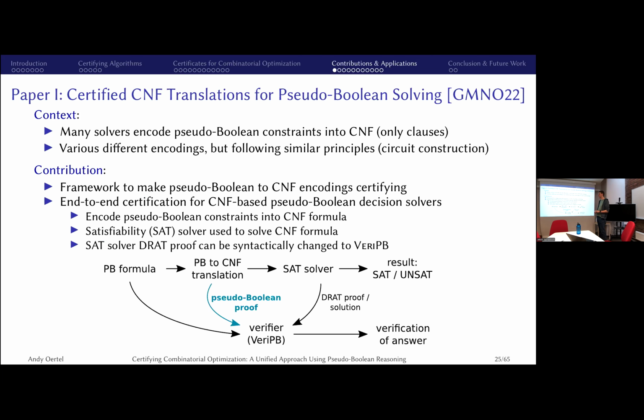These solvers take a pseudo-Boolean problem, encode it to CNF, and then run a subsolver that solves this CNF problem and gives us the result, satisfiable or unsatisfiable. By concatenating the proof from our encoding and the proof from the subsolver, we get one proof that certifies the whole solving process, and we get the guarantee that the output for this problem is correct.